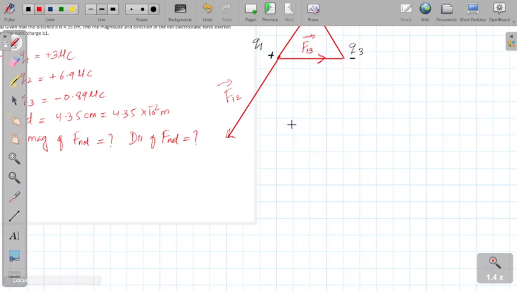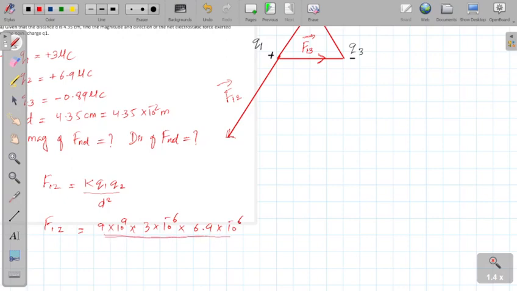According to Coulomb's law, F12 will be k Q1 Q2 divided by d squared. Putting in the values: 9 times 10 to the power 9, 3 microcoulomb meaning 3 times 10 to the power minus 6, and 6 microcoulomb meaning 6 times 10 to the power minus 6, divided by (4.35 times 10 to the power minus 2) whole squared. I am giving only the numerical values, not putting in the units.